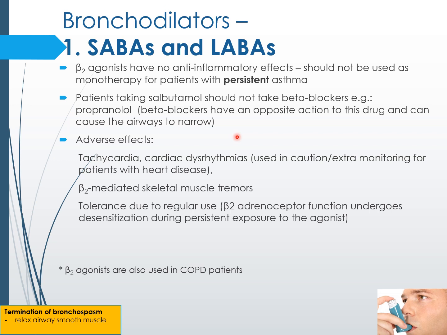As you all know from the previous lecture on sympathomimetics, beta 2 activation is important for airway relaxation. So if an asthmatic patient is taking propranolol, it's going to worsen their asthmatic condition because beta-2 relaxation will be blocked. So patients taking salbutamol should not take beta blockers.